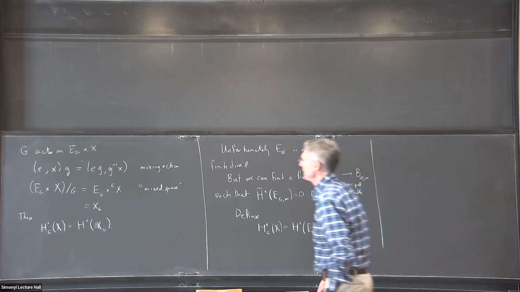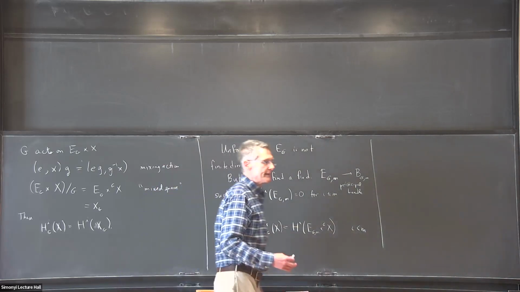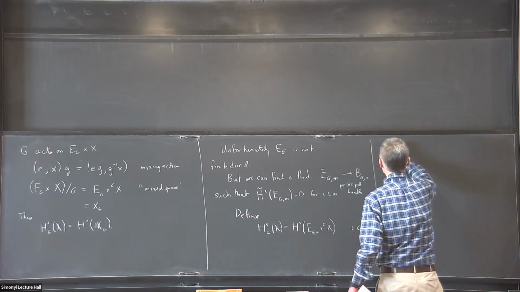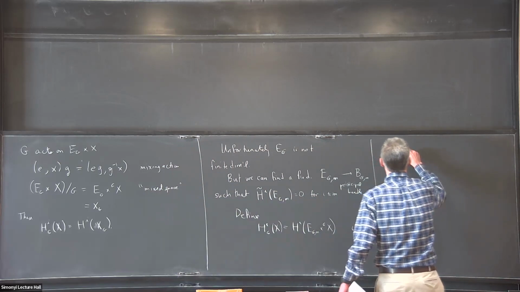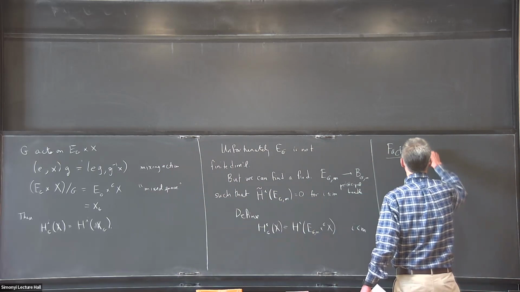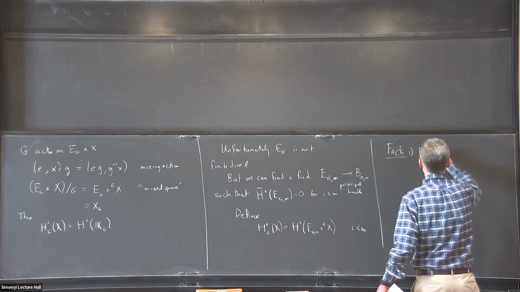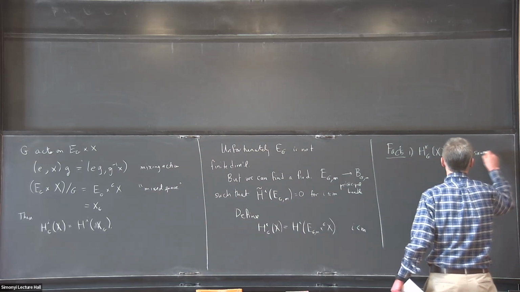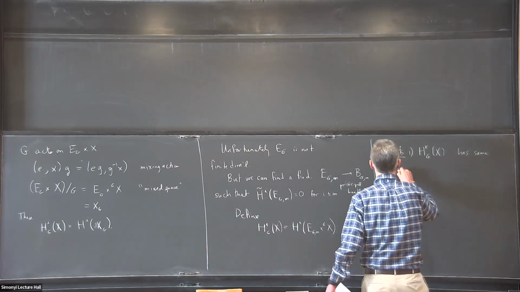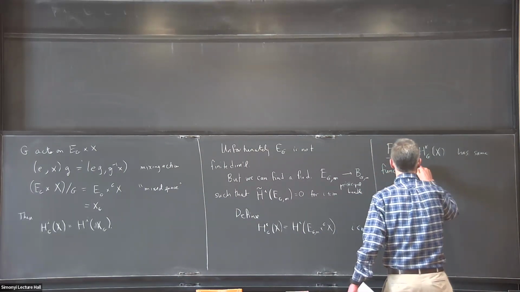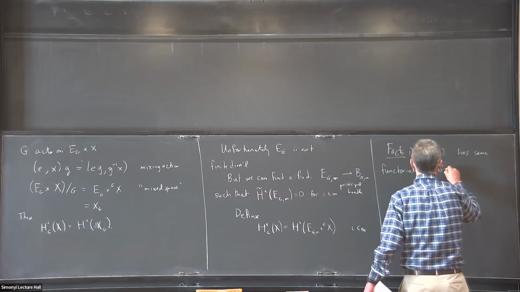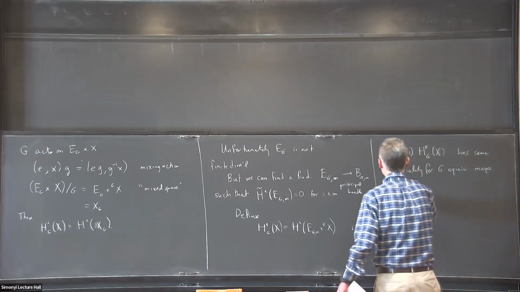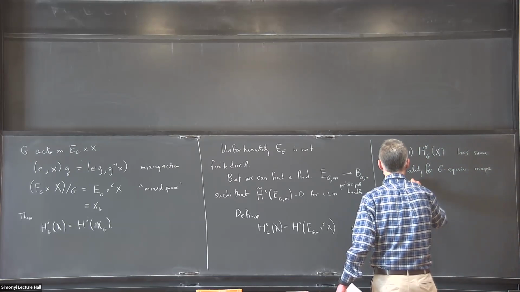Okay, so I'm going to compute some simple examples, but it's helpful to say a few facts before computing any examples. The first one is that H star of G of X, or just H star of G, has the same functoriality for G equivariant maps as ordinary cohomology does.